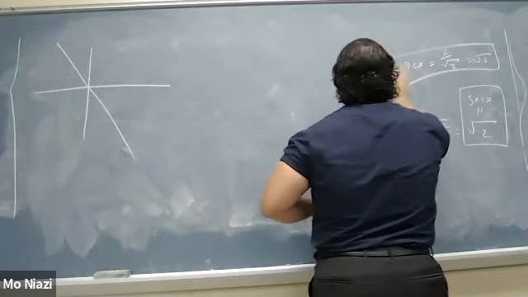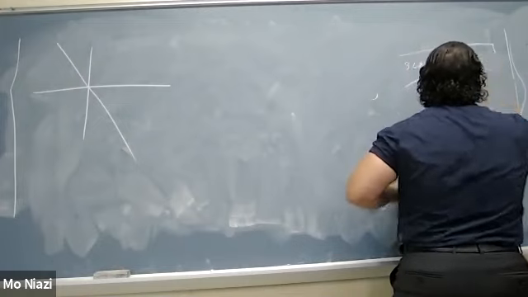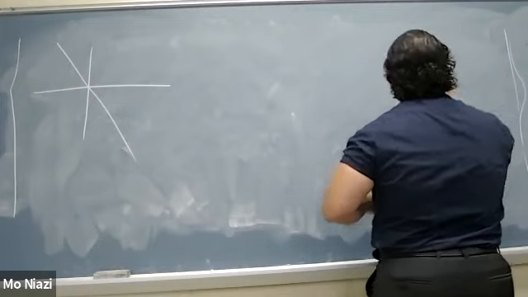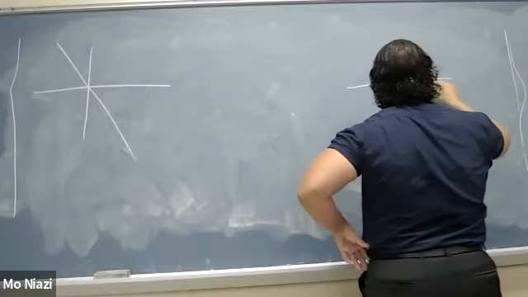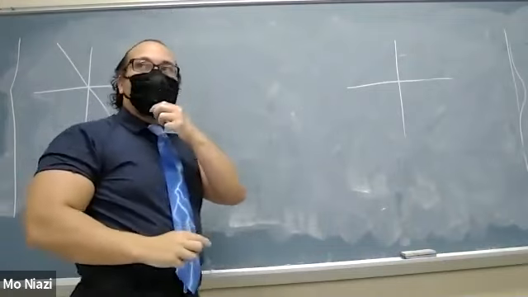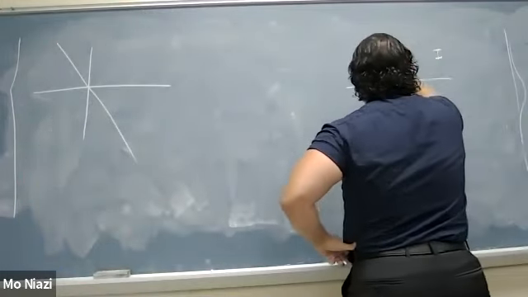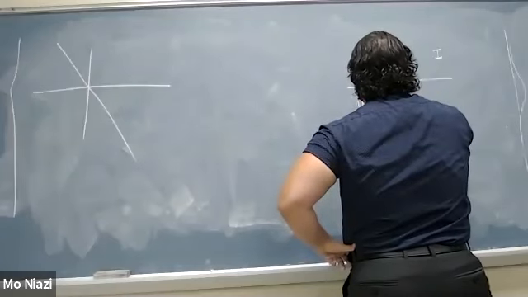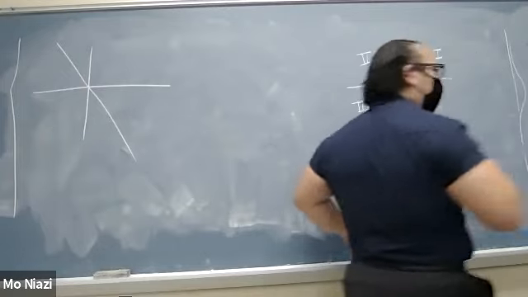Whenever you get the Cartesian coordinate system, you create 4 quadrants, right? Here's a Cartesian coordinate system. It creates 4 quadrants, right? The way in math we denote the quadrants are, this is quadrant 1, this is quadrant 2, this is quadrant 3, this is quadrant 4.